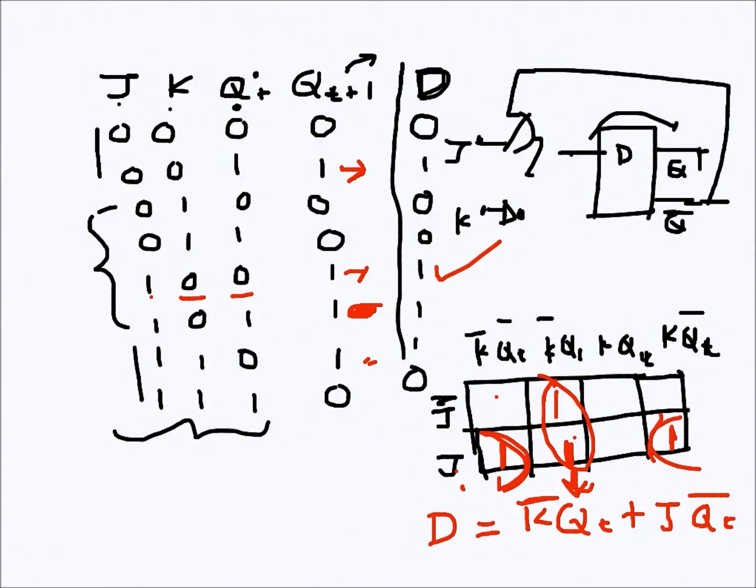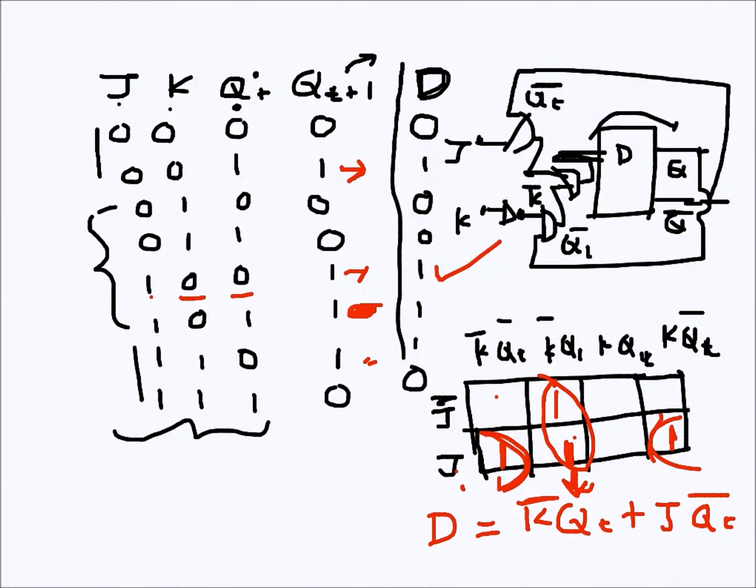So QT can come here, which is the present one. These two will be ANDed, and then these will be ORed. It's getting very clumsy, but I'm just drawing it for the sake of it. So J, we have QT bar here, and we have K bar and QT here. These two end here, these two end here, and then are ORed and go into the D input.